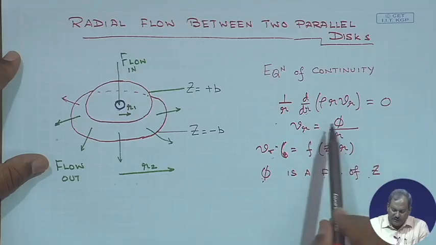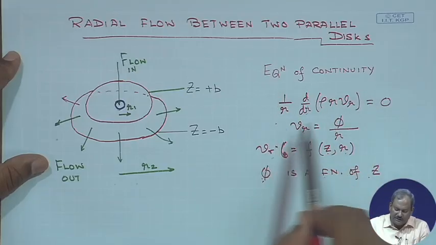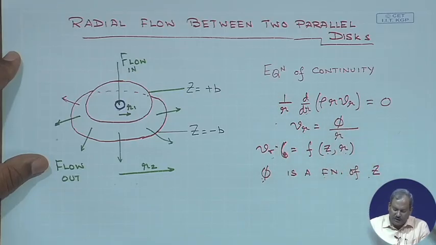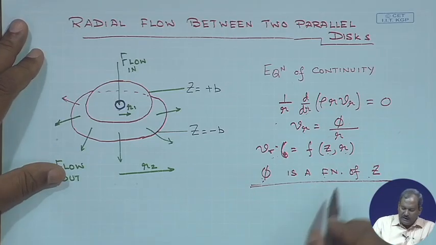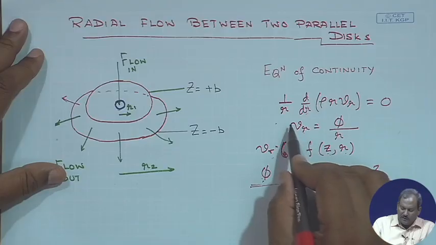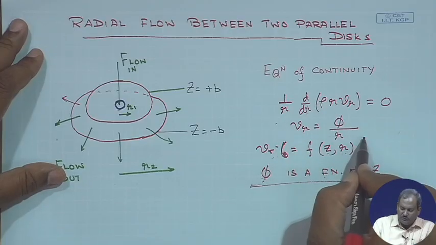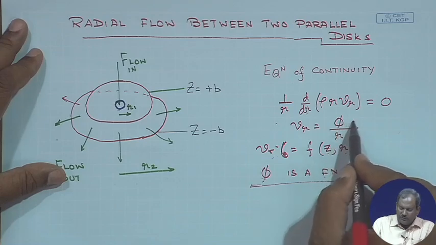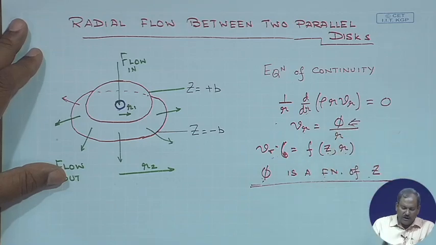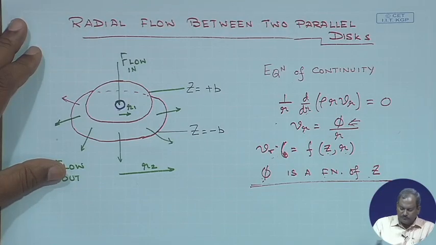So that's the first thing that we can obtain, and we have an expression for Vr just by looking at the equation of continuity, where the only thing that we need to do is try to see how we can evaluate phi.